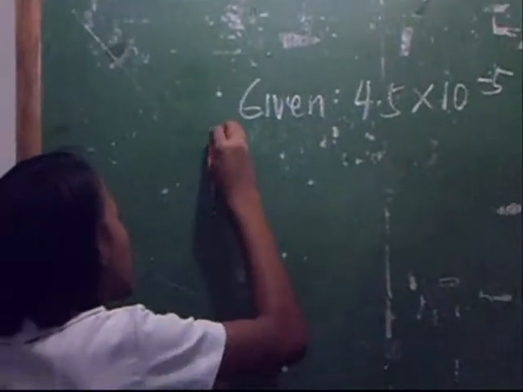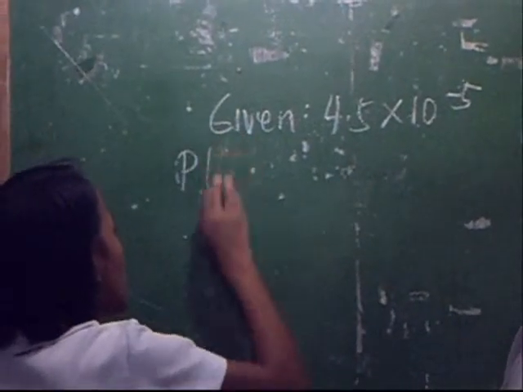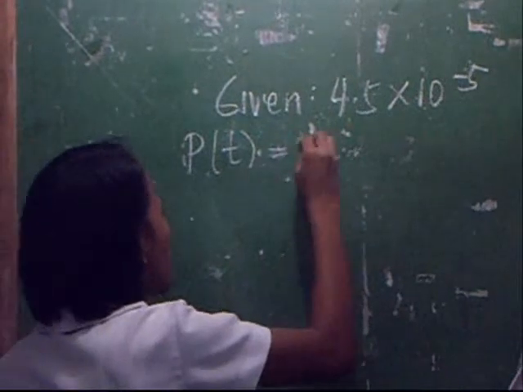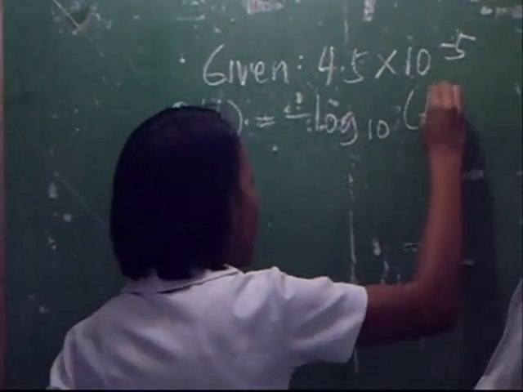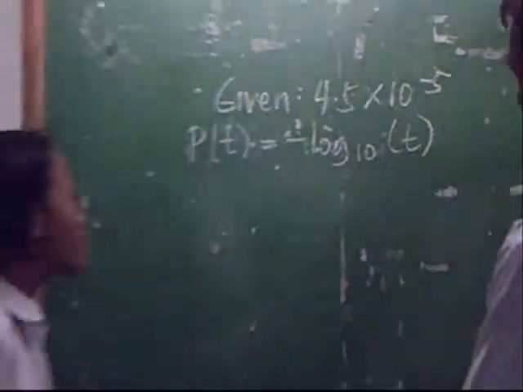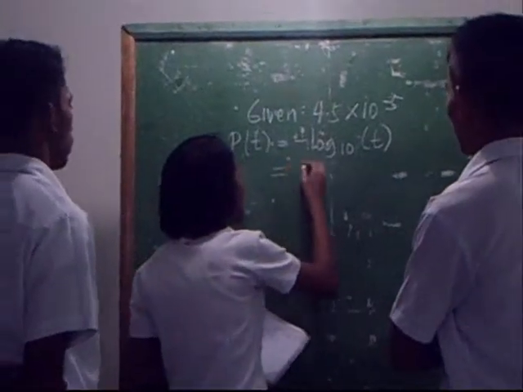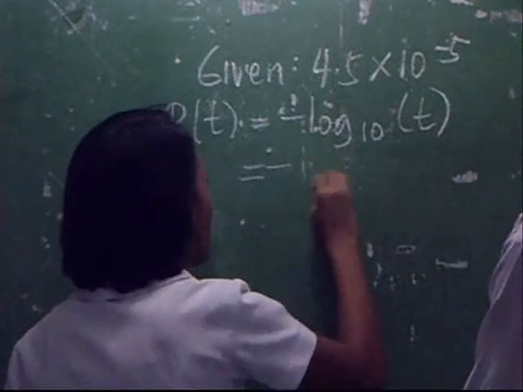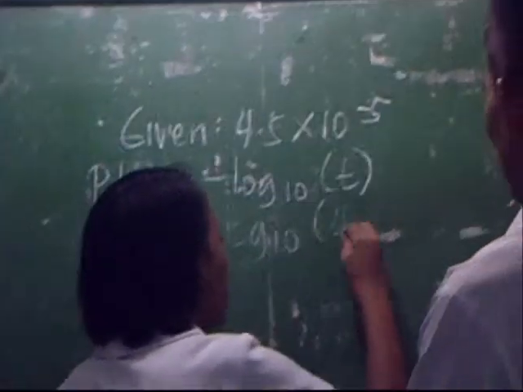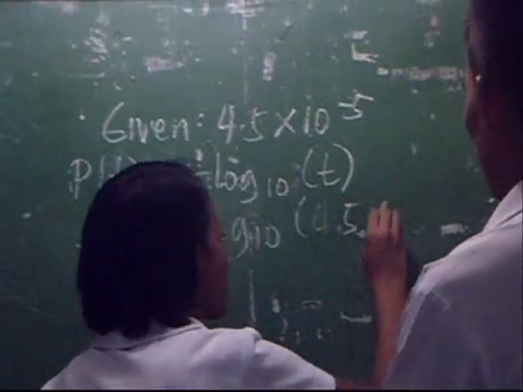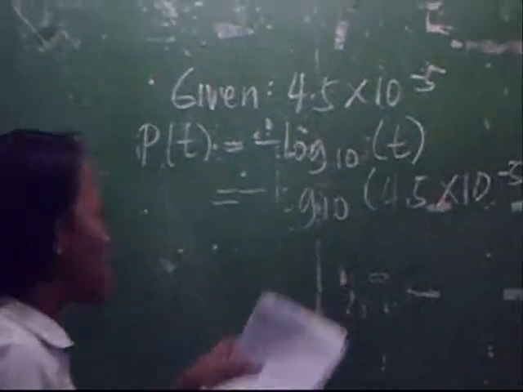And the formula is pH is equal to negative log base 10 of T. And we substitute: pH is equal to negative log base 10 of 4.5 times 10 to the negative 5th power.